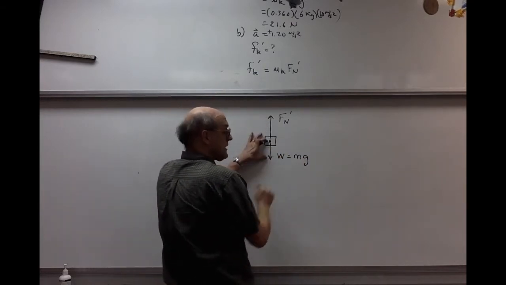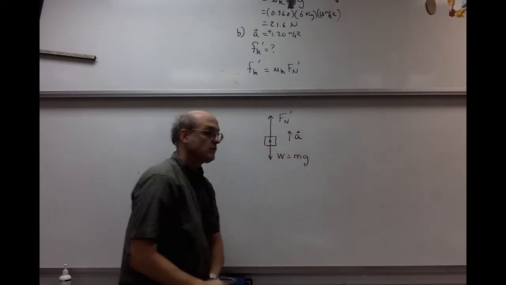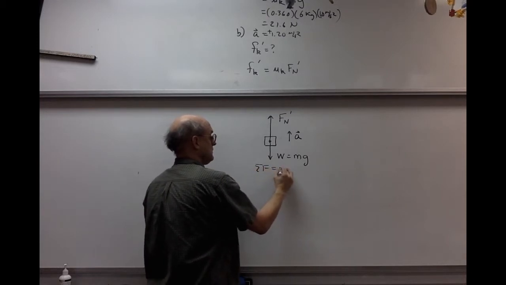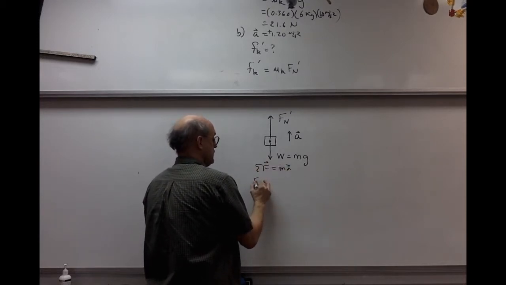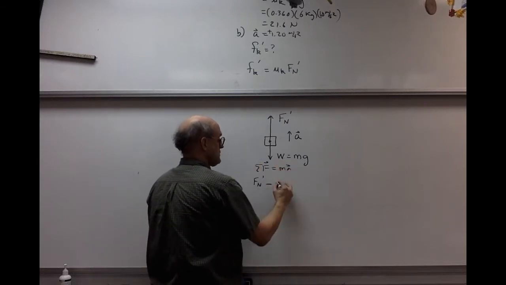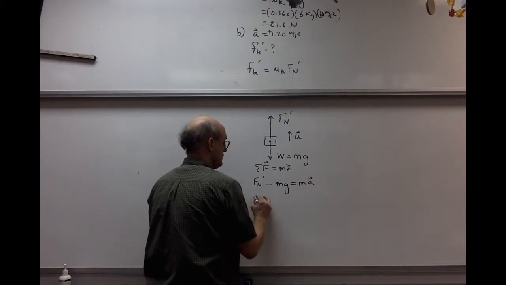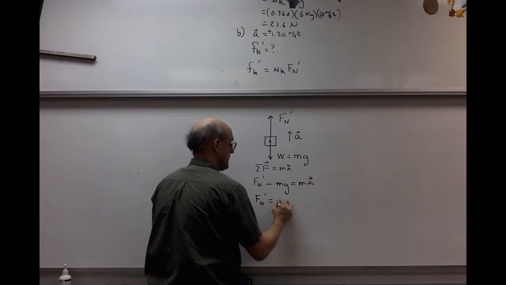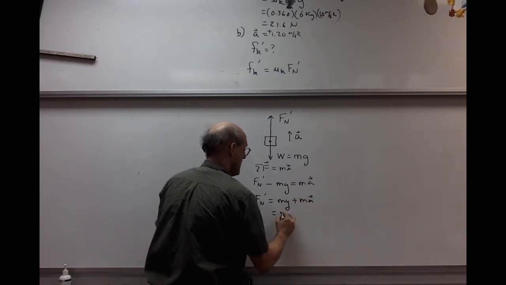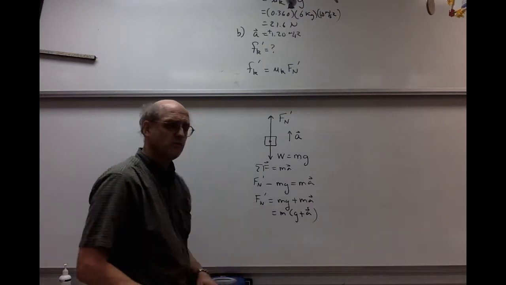This is larger than that because we need a net force upward to allow the elevator to accelerate upward. So using Newton's second law, we have that the normal force, Fn prime, minus the weight, mg, is equal to ma. So solving for Fn prime, we get mg plus ma, or m times the quantity g plus a. So that's the normal force on the box.